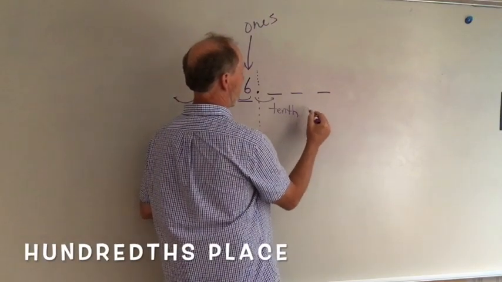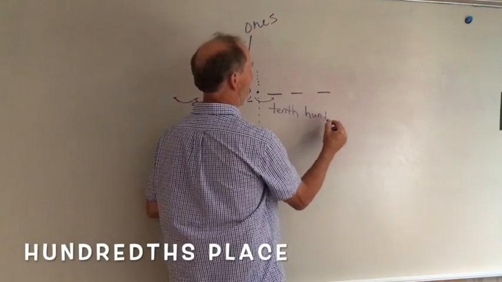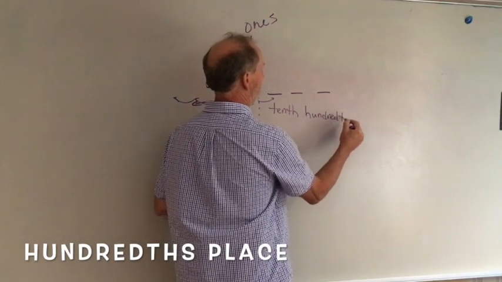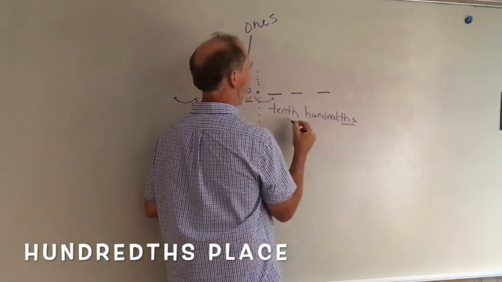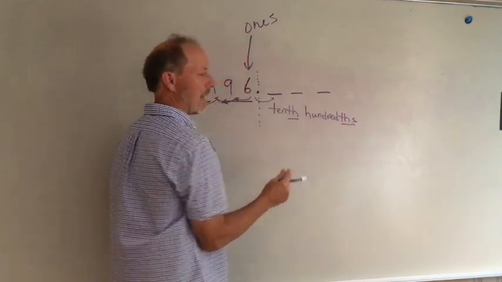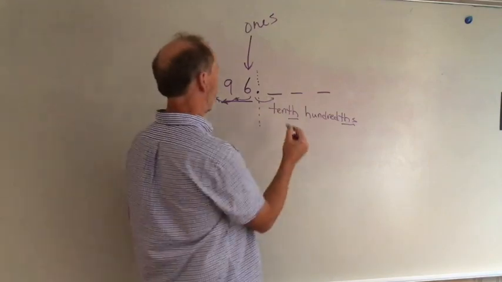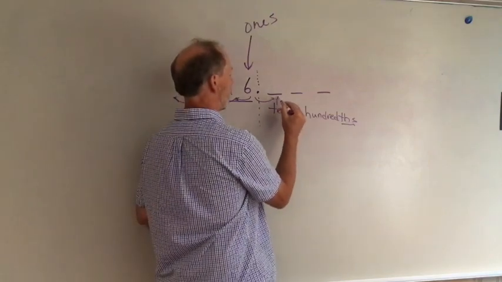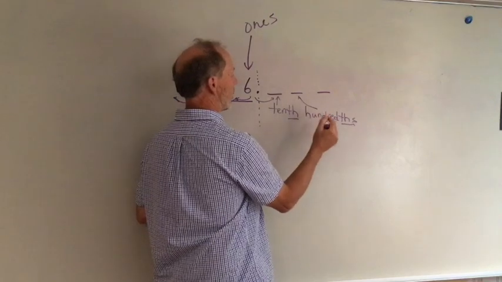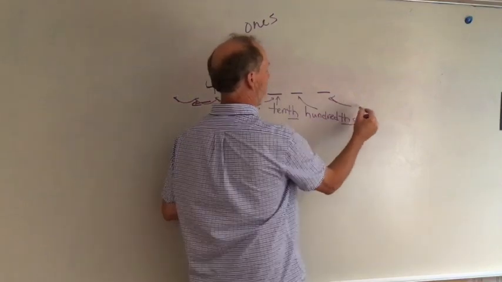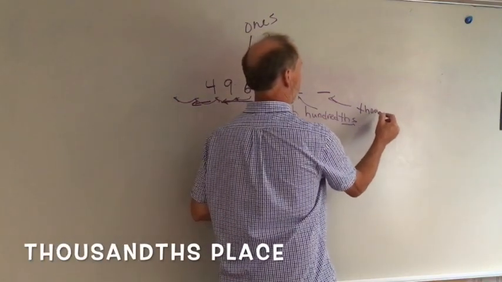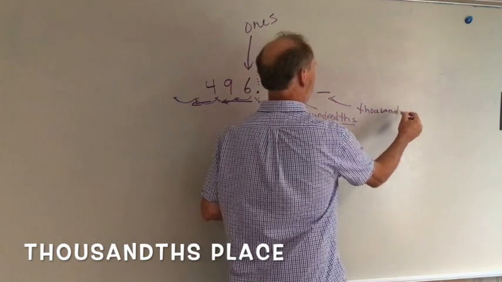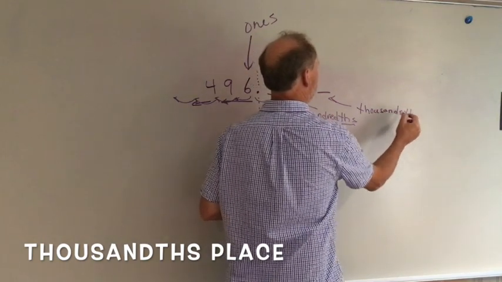And this place here is the 100th. Notice these THs. They show that it's less than a whole. Okay? So that's the 10th place. That's the 100th place. That's the 1000th place. 1000ths.